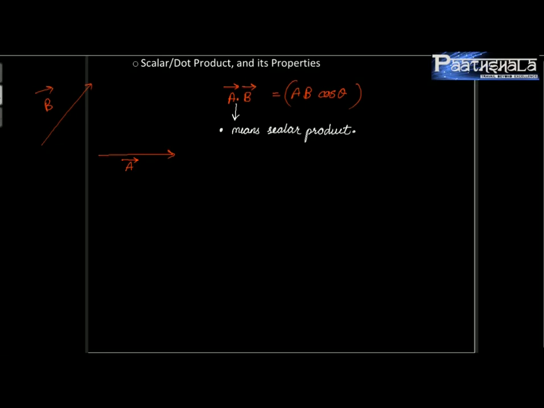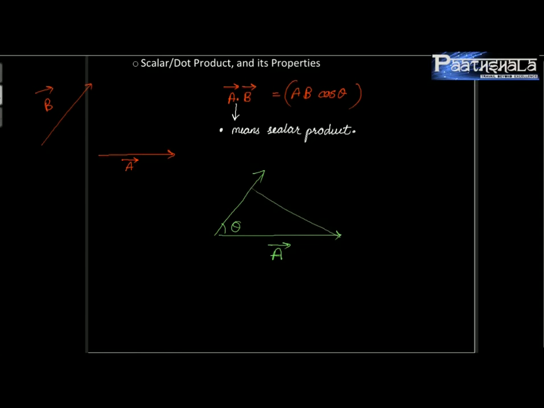Mathematically speaking, it denotes the component of vector A onto B multiplied by the vector B itself. So let me illustrate it using a diagram. This is the vector A and this is the vector B. This is the angle theta between them.